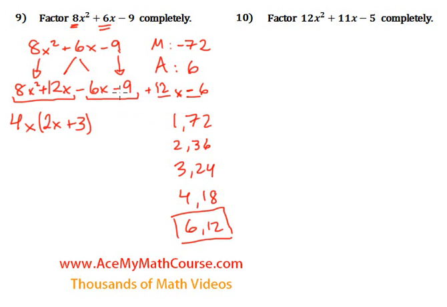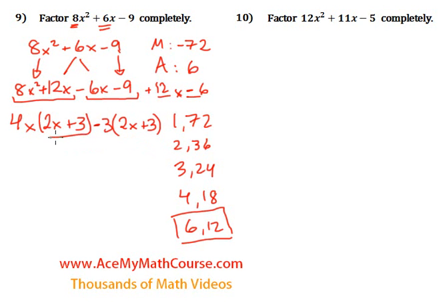Let me factor out the GCF, in this case, a minus 3. Now minus 6x divided by minus 3 is just 2x. And minus 9 divided by minus 3 is just plus 3.